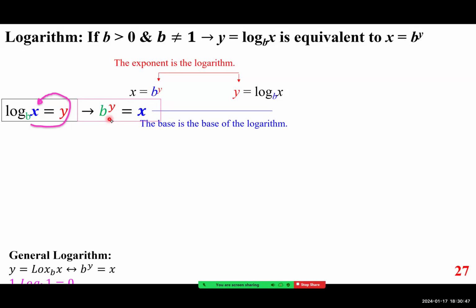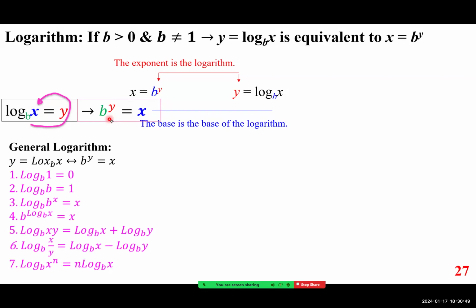Now, we have these rules. I hope you remember them. So let me quickly recap for you. When y equals log x base b, it's the same as b to the power of y equals x. That's a general form, meaning the base can be any number as long as it's a positive number and it's not 1. If you look at this arrow, b to the power of 0 is 1.